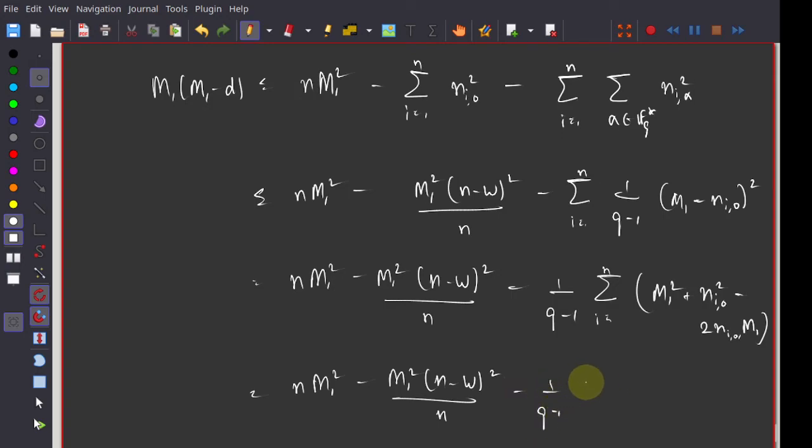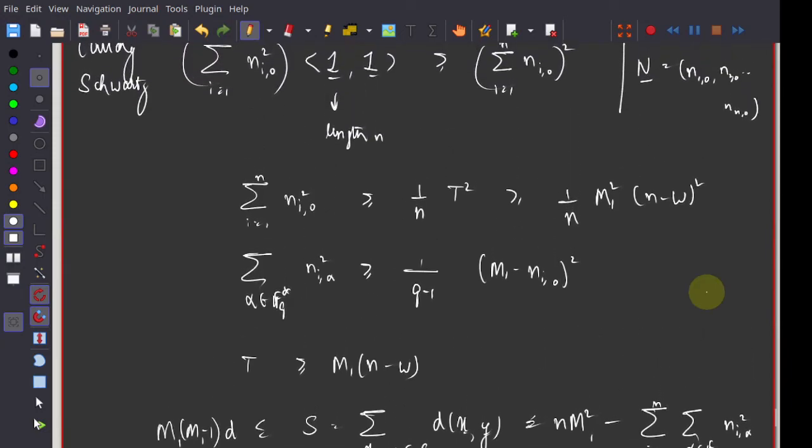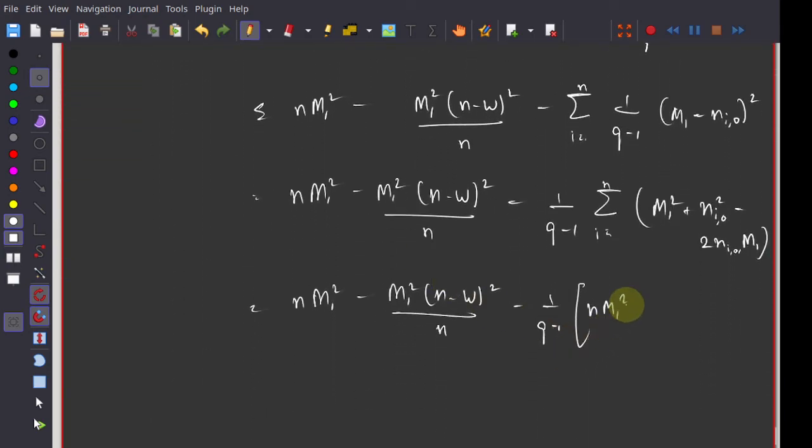Summation overall i equal to 1 to n of m1 square will just give me n times m1 square. So summation overall i of ni0 square, I had found, is greater than or equal to 1 over n m1 square into n square.